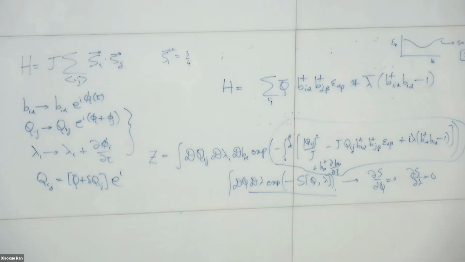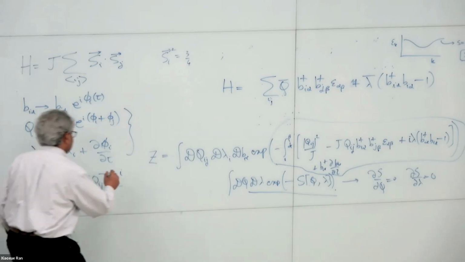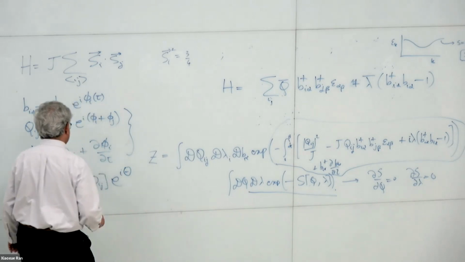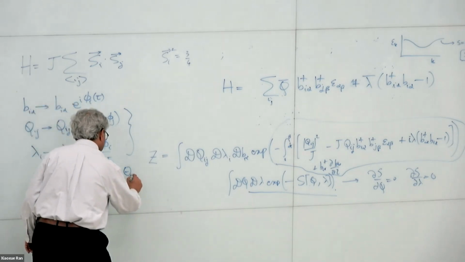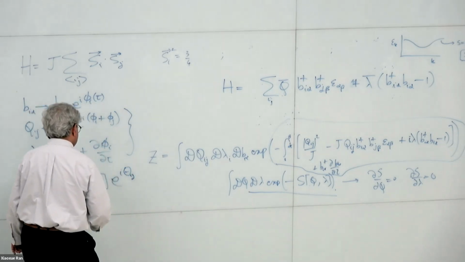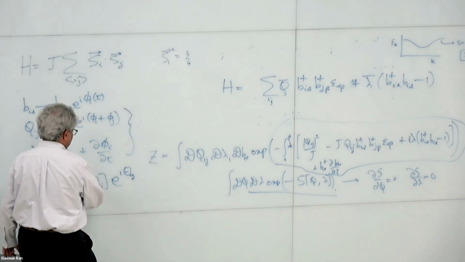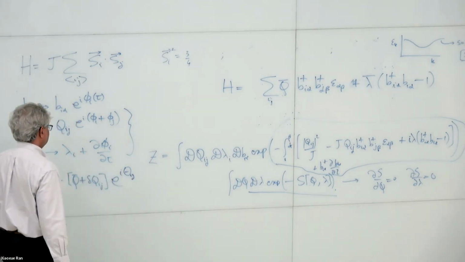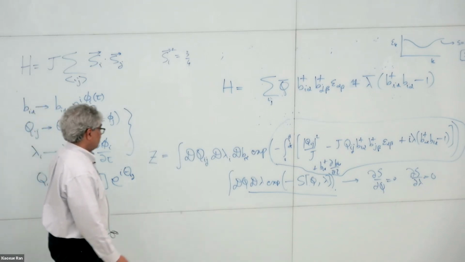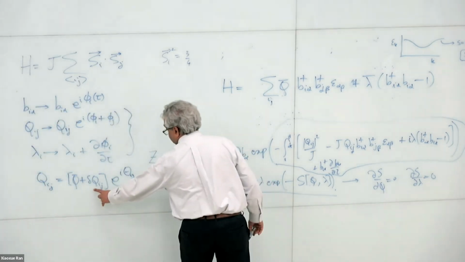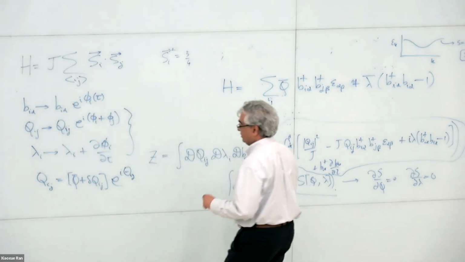Yeah, I called it theta, big theta, theta of ij. And so this is the amplitude, and this is the phase fluctuation. And I have to do the path integral over here over both delta Q and theta.